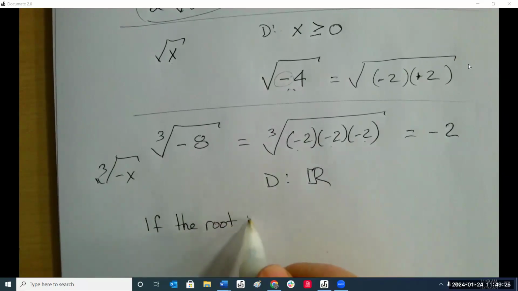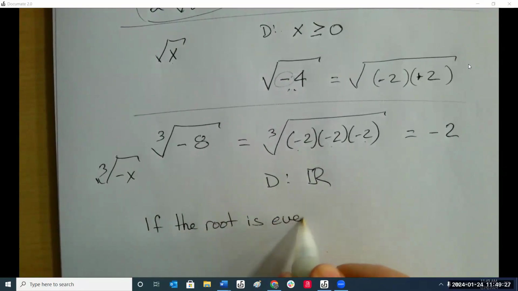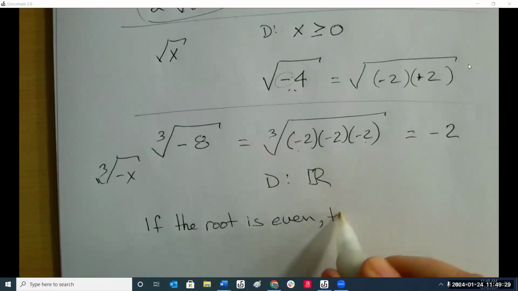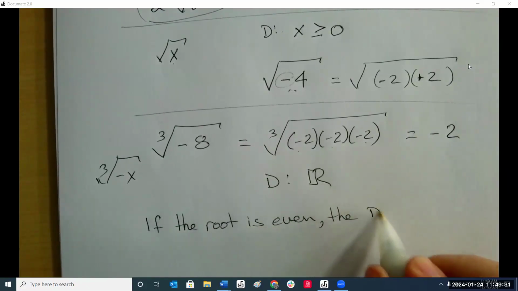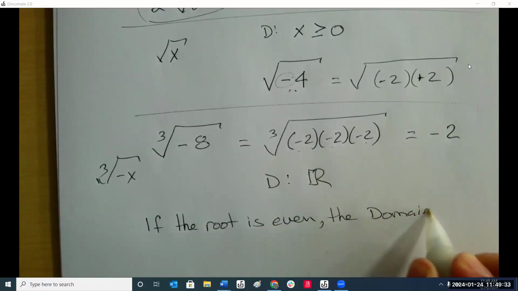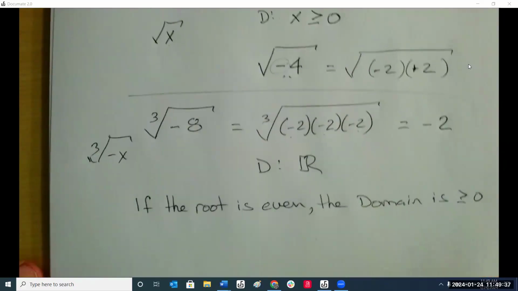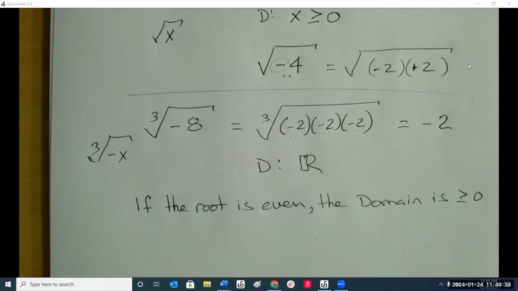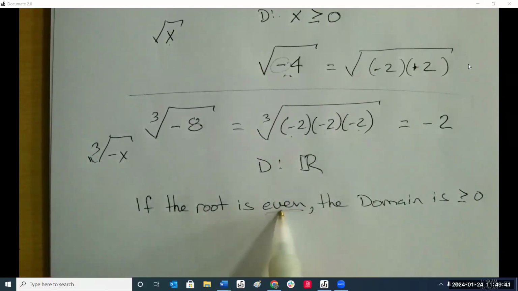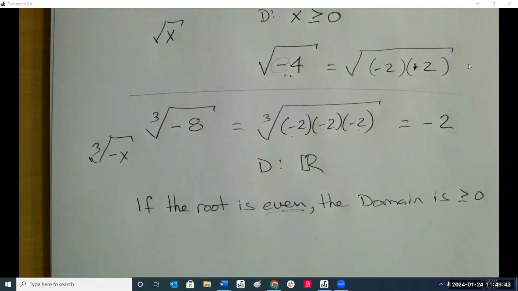If the root is even, the domain is greater than or equal to 0. Because if you have an even root, that means they have to pair off. And you can never have a negative answer when you pair off two numbers.